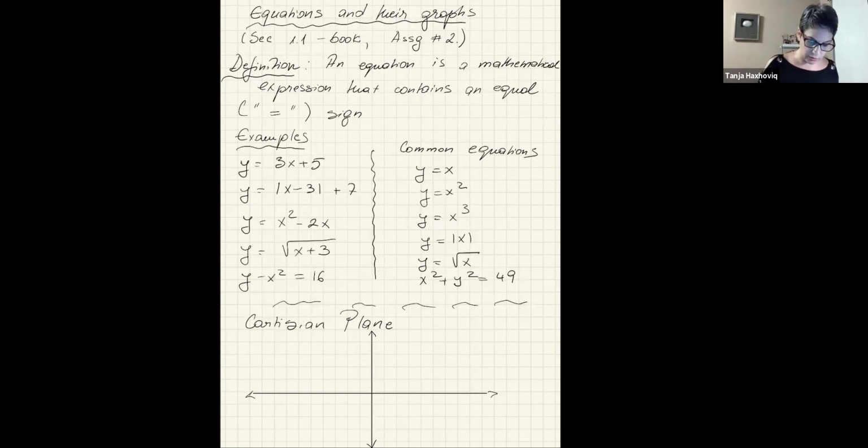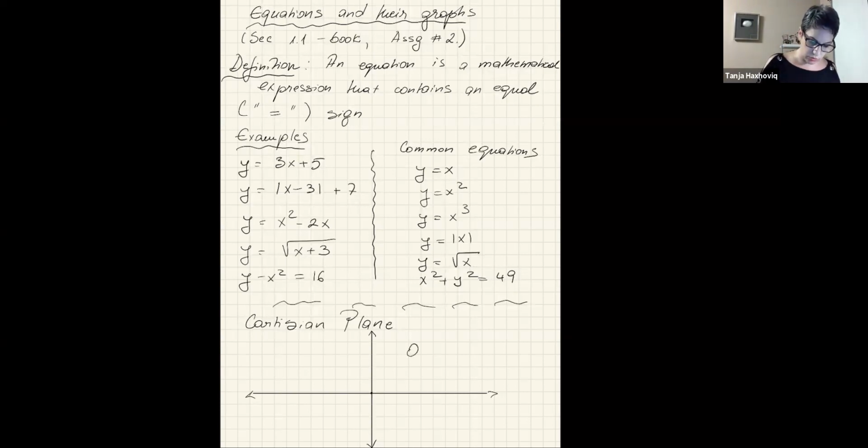The point at which these two real lines intersect one another is where we identify the origin of the Cartesian plane, the point with coordinates (0, 0). So these two real lines that are perpendicular to one another divide the Cartesian plane in 4 quadrants.